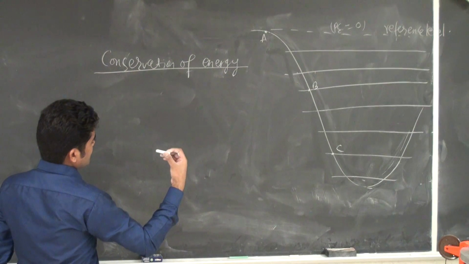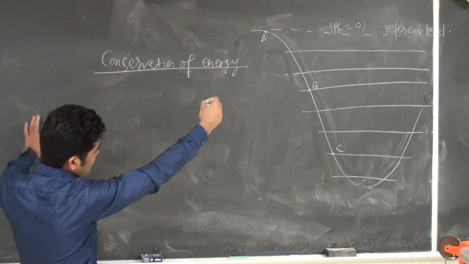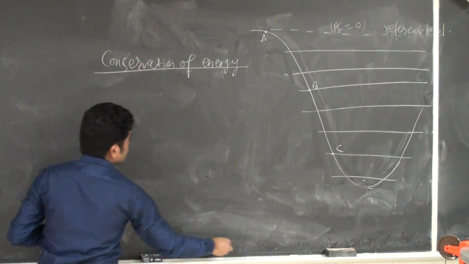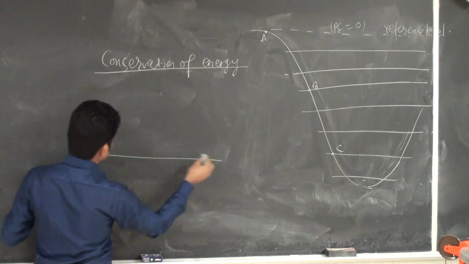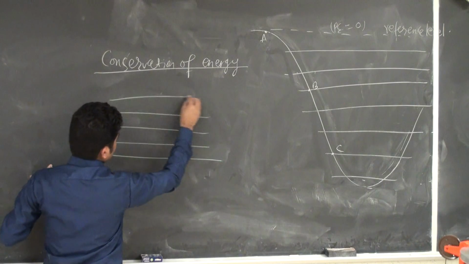Let's draw the kinetic energy and potential energy bar diagram. This is the reference point.